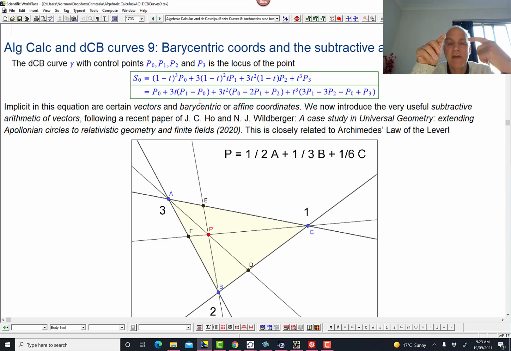So if we take that second vector, p2 minus p1, and we subtract the first vector, which was p1 minus p0, we're going to get p2 minus 2p1 plus p0. So this is a difference of vectors formed by subsequent points of the de Casteljau-Bézier polygon, but it's also a vector.